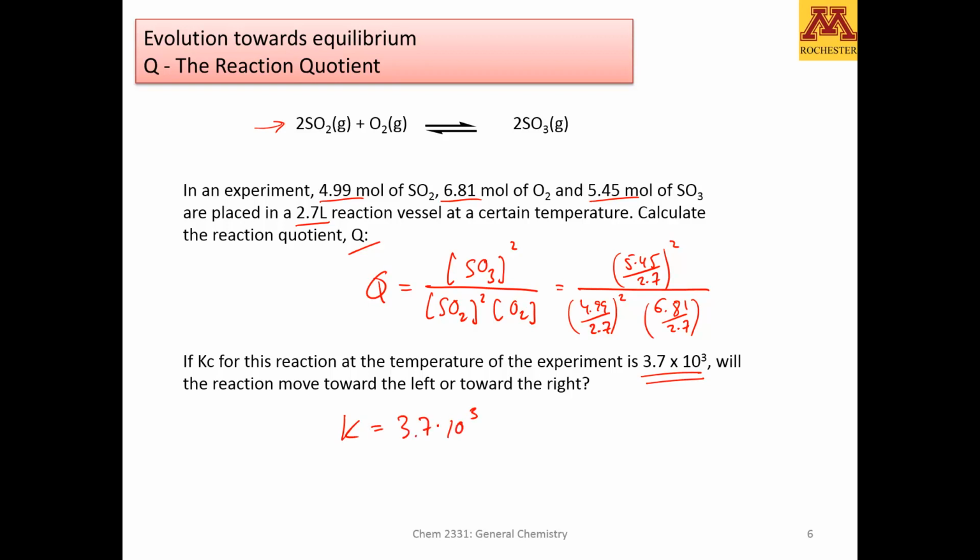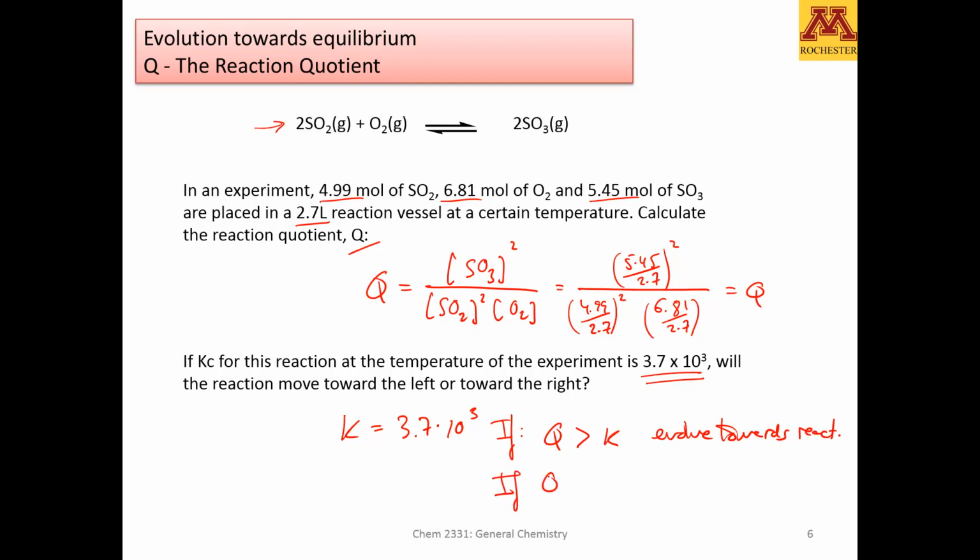I'm not going to calculate it, you can do it at home with a calculator, but now I know. If this number, this Q, is larger than K, this means that my numerator is too large. That means I have too many products. It will evolve towards reactants.